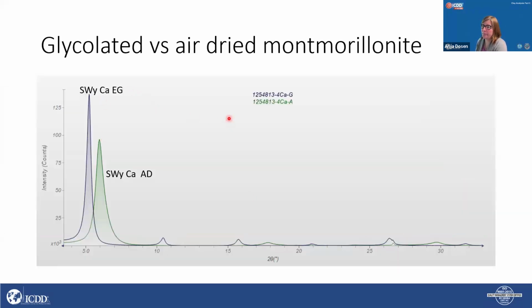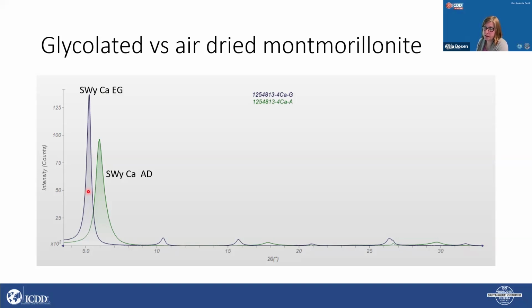So what happens when we glycolate a sample? This is montmorillonite, that's a smectite, a very expandable clay. In this case, these are calcium saturated. If we look at the air-dried sample, it shows a well-defined, fairly broad peak, and when we glycolate, you see this shift. It moves from here to here.